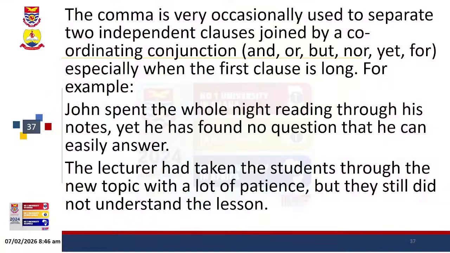For example, John spent the whole night reading through his notes, comma, yet he has found no question that he can easily answer. That's quite interesting. I mean, it's unfortunate also. John spent the whole night reading through his notes, yet he has found no question that he can easily answer.